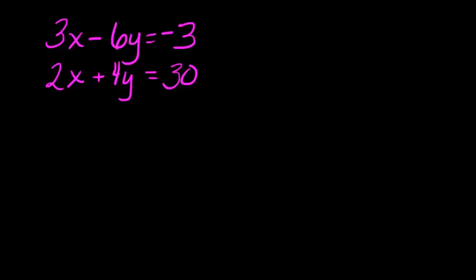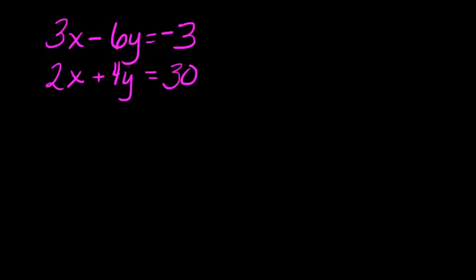Okay, we're going to look at a more complicated example this time. It is 3x minus 6 equals negative 3 and 2x plus 4y equals 30. As you can see, there's no quick, easy way to make one of the variables match, because you can't multiply 2 by 3 and you can't multiply 4 by anything to get 6.